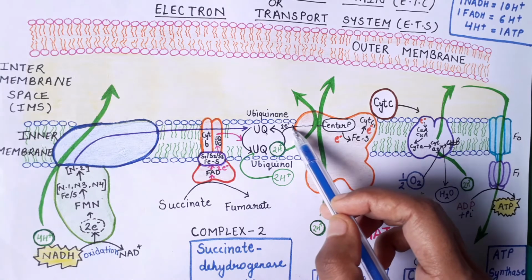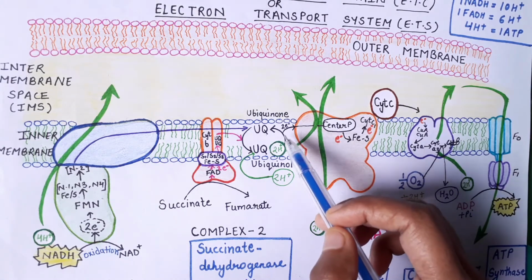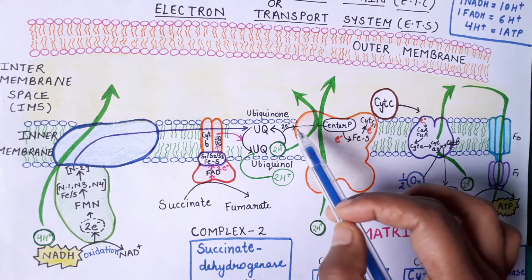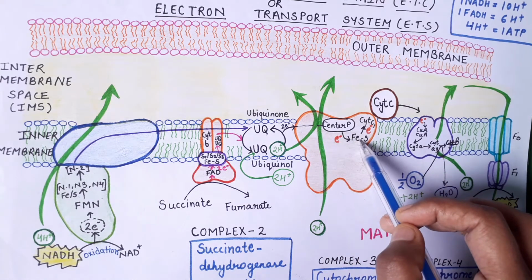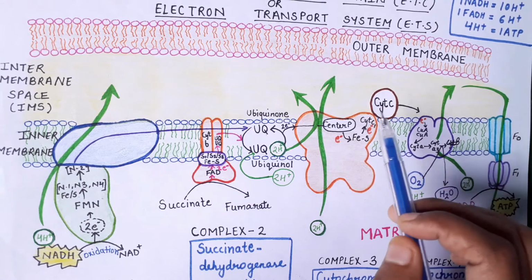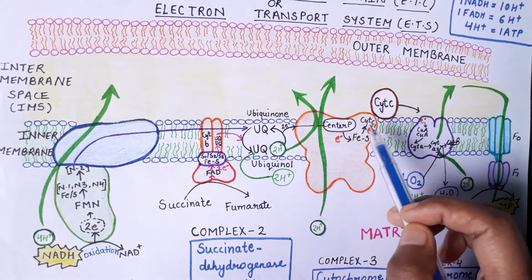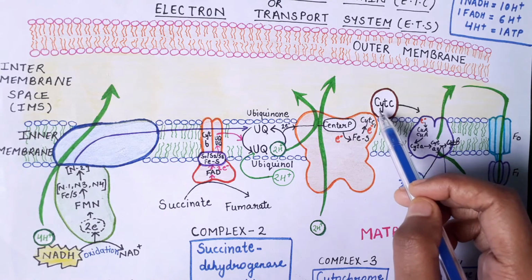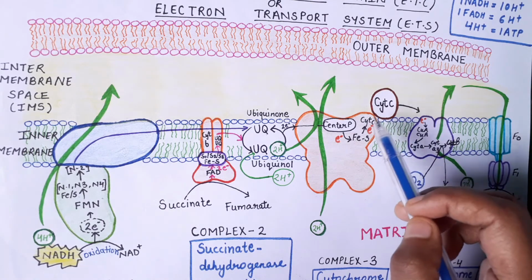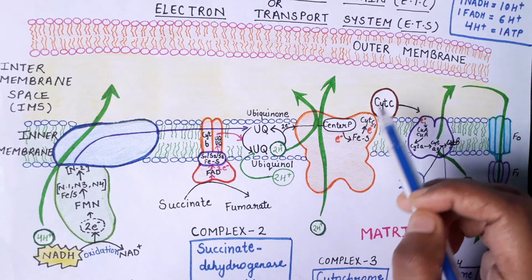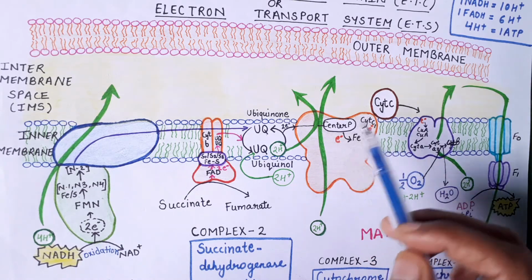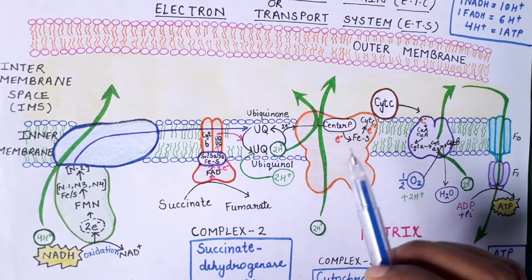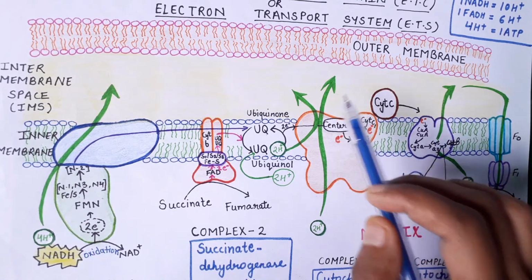These 2 electrons are transferred from the ubiquinol to complex 3. Ultimately, these 2 electrons are carried by the iron sulfur centers and then to the cytochrome C1. Then the cytochrome C1 will transfer only a single electron to the cytochrome C, and as the electrons are transferred to the cytochrome C, there is pumping of 4 protons from the matrix into the intermembrane space by complex 3.